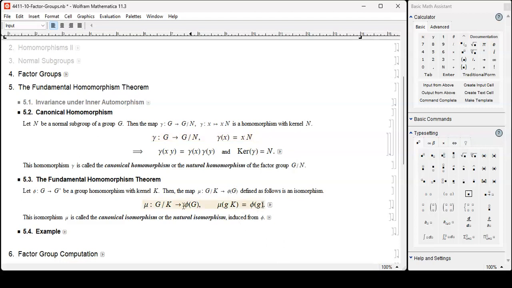Now, this is a kernel, so this is normal, so we can consider the factor group G over K. From there, let's define this map mu: mu of gK is phi of g. What we want to do is to prove that this map mu is a well-defined isomorphism. We're going to call it the canonical isomorphism, or the natural isomorphism induced from the map phi.